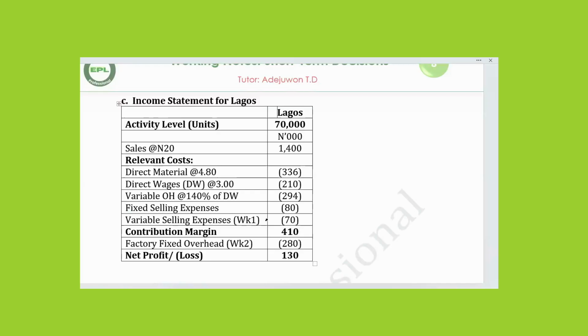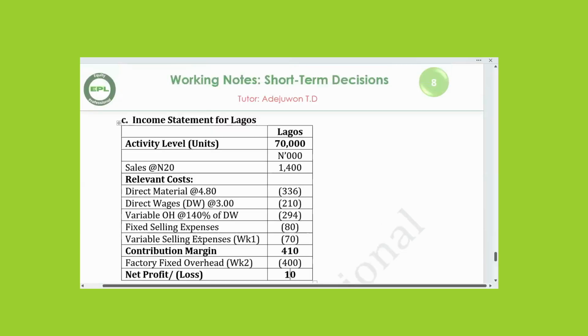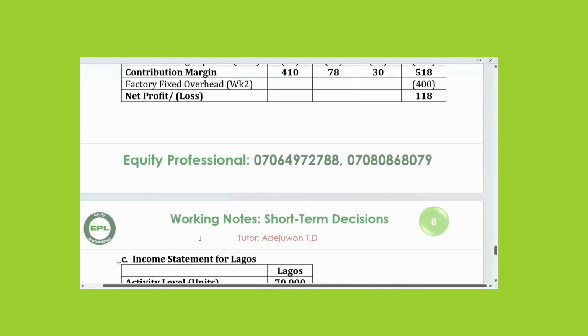So the entire 400,000 will be borne by Lagos. Every other thing for Lagos will still remain. So 410 minus 400 will remain 10,000. That's it.